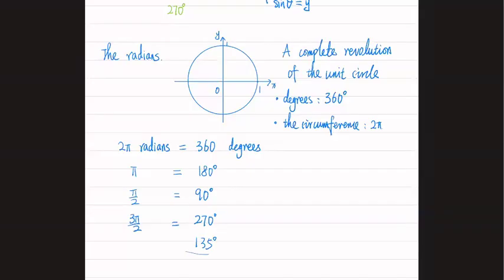Jessica, this is half of 270, right? So, 3 pi over 4.